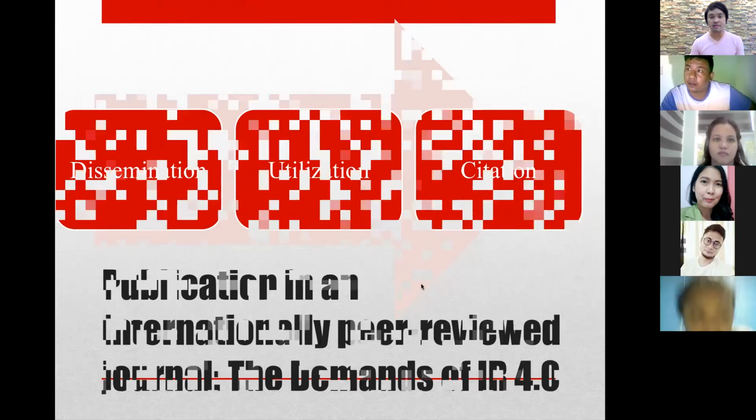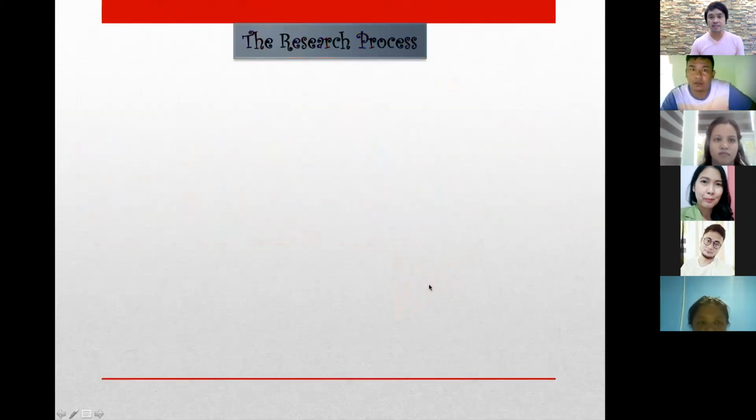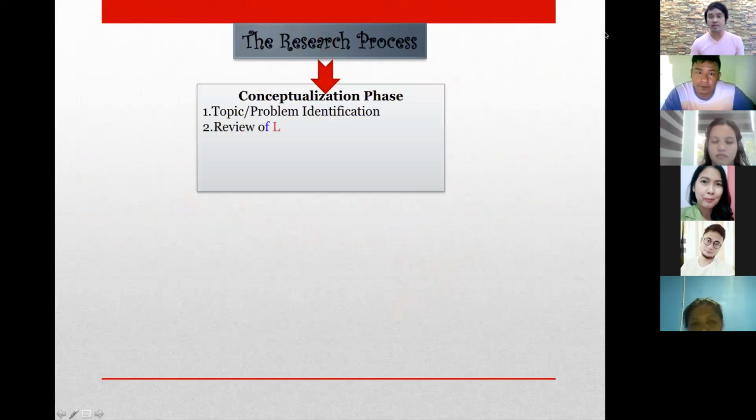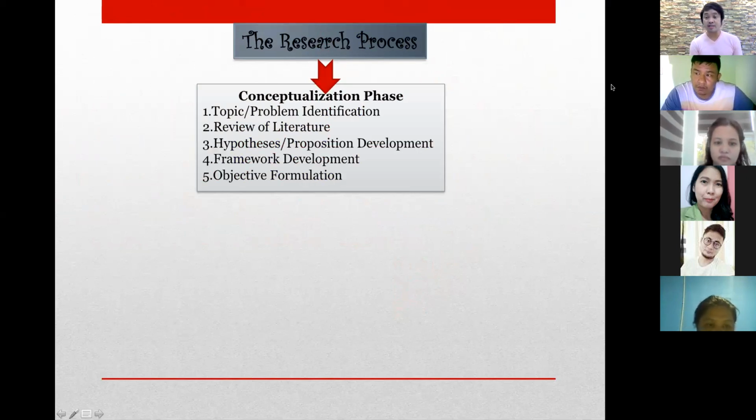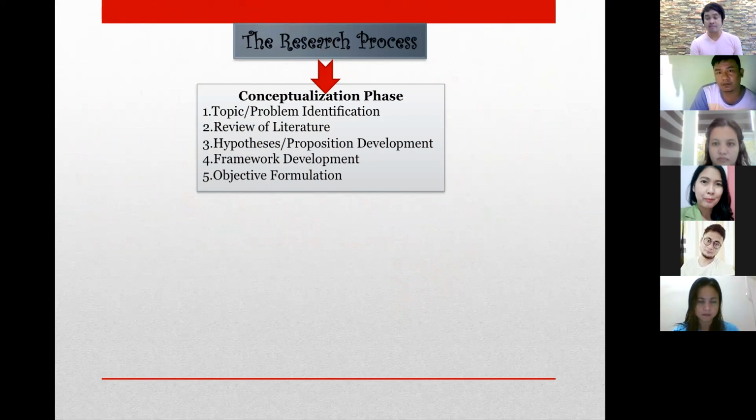And last time, we already started with the discussion of the research process, and we mentioned that the first phase in doing a quantitative research paper is the conceptualization phase. As the term implies again, this means that we will be conceptualizing the kind of quantitative research paper that we will be working on. And under conceptualization phase, there are steps that are going to be followed.